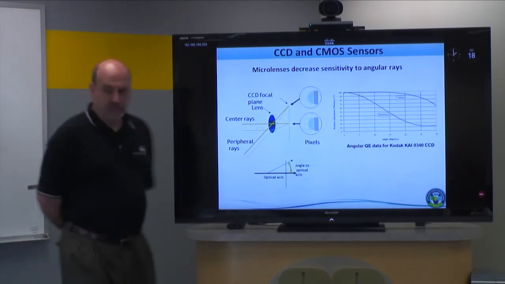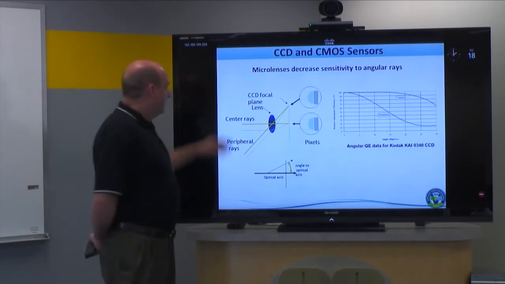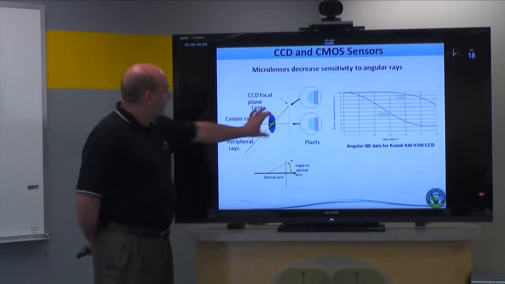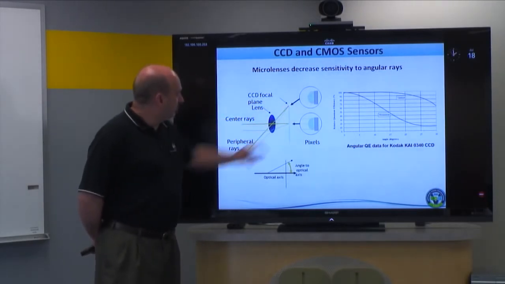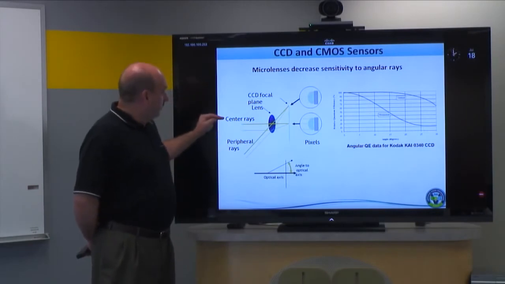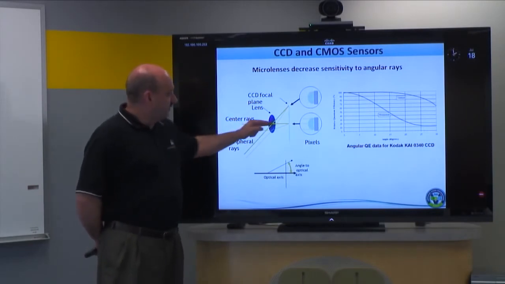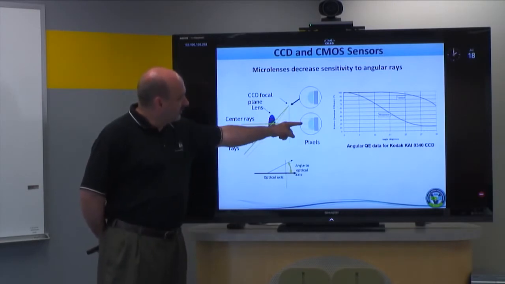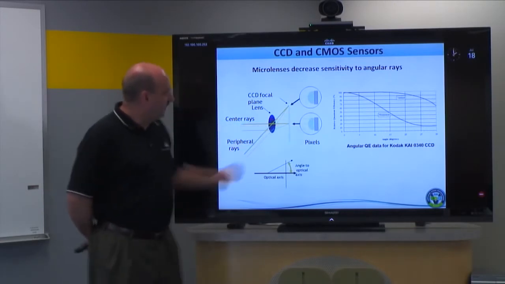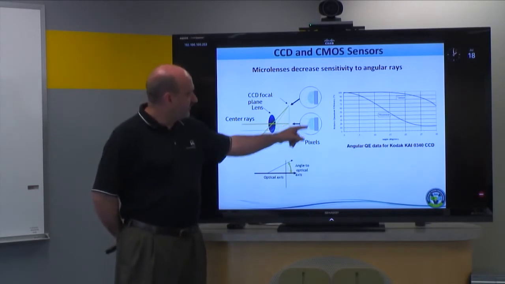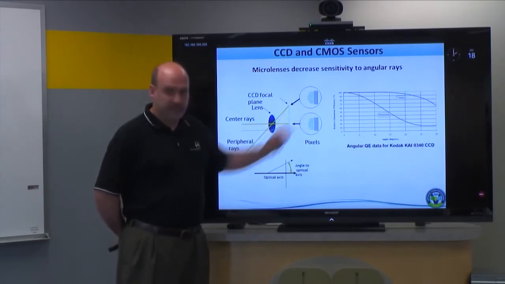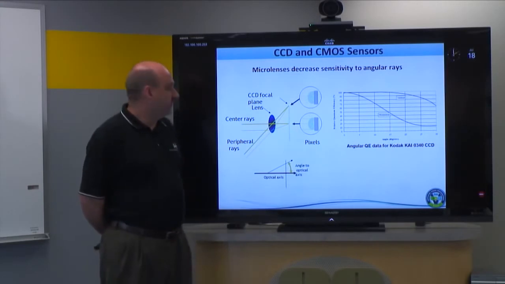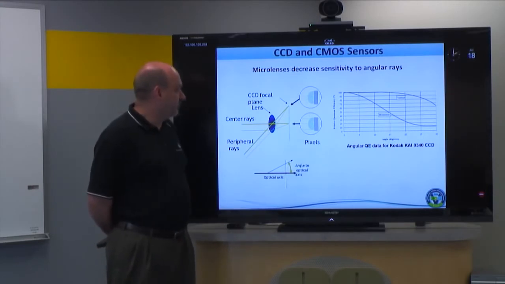So what you see in this diagram is that if this is a lens and this is a CCD surface here, rays coming on axis through the center lens and being focused on the pixel are then hitting the pixel essentially on axis and collinear, and the microlens can very effectively bend all the rays into the center of the photosensitive area on the pixel.